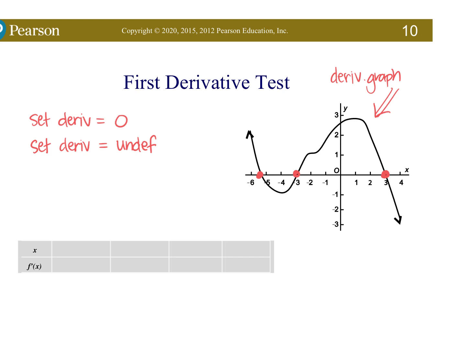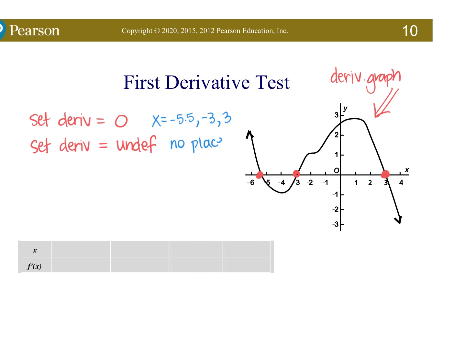And so I would get critical points that are x equals, let's say it's ballpark, -5.5, and we'll say it's -3, and we'll say it's +3. Setting a derivative equal to undefined would be any places of discontinuity. This one doesn't have any.